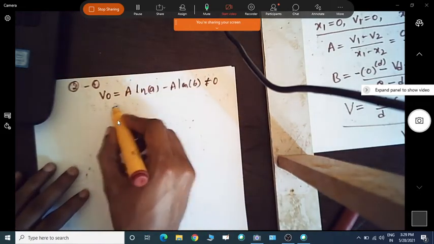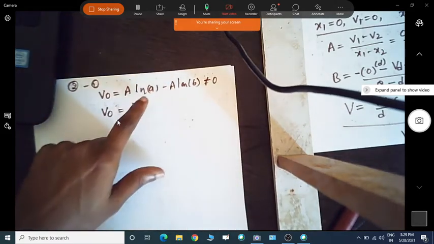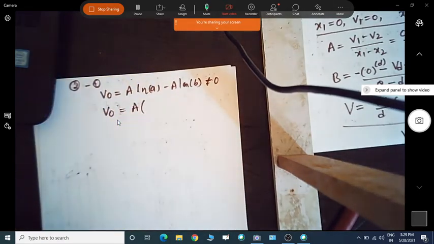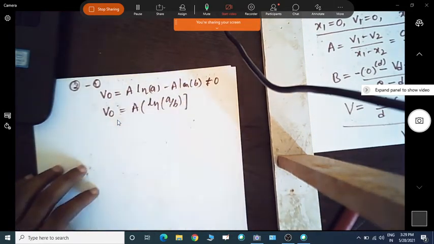So now we get V naught equal to A times, if I take the constant out, ln a minus ln b, which in terms of a ratio we can write as ln of a by b. We can write that also.